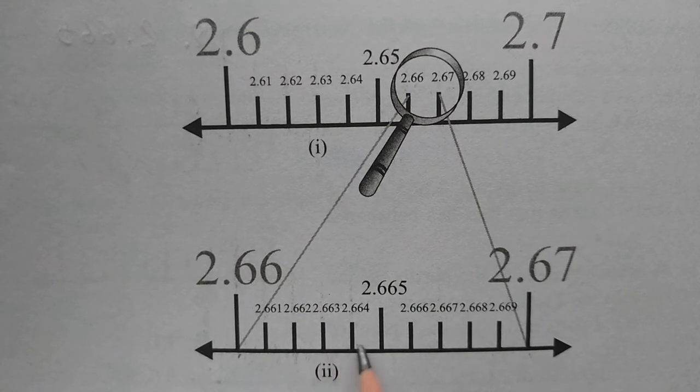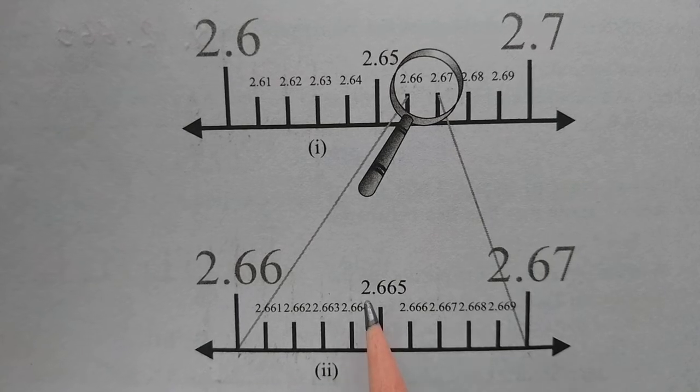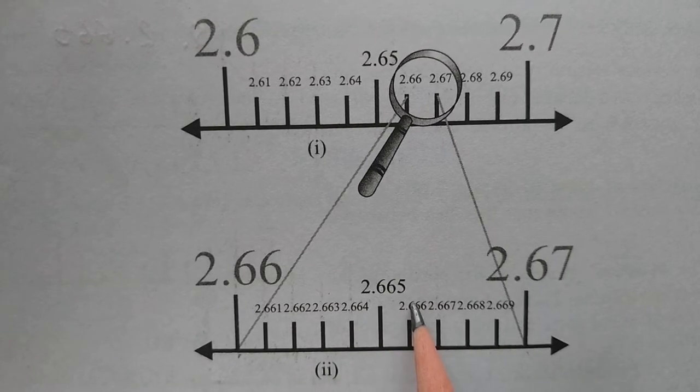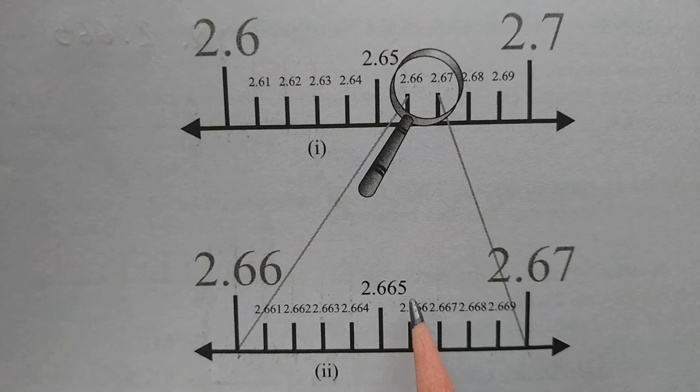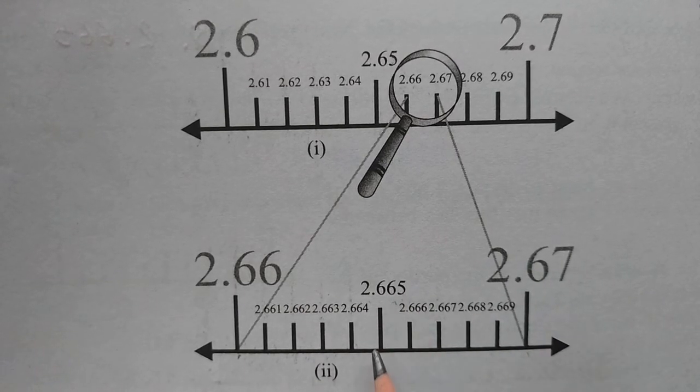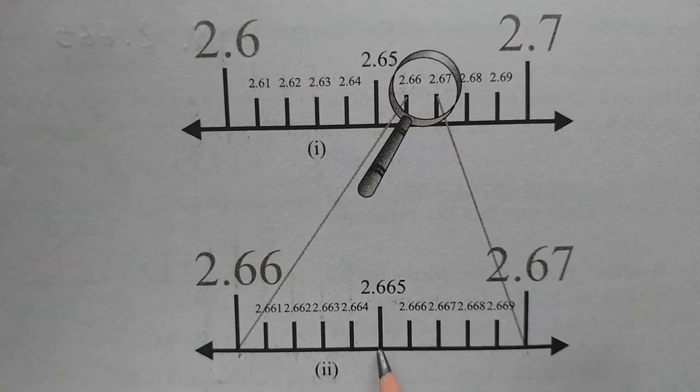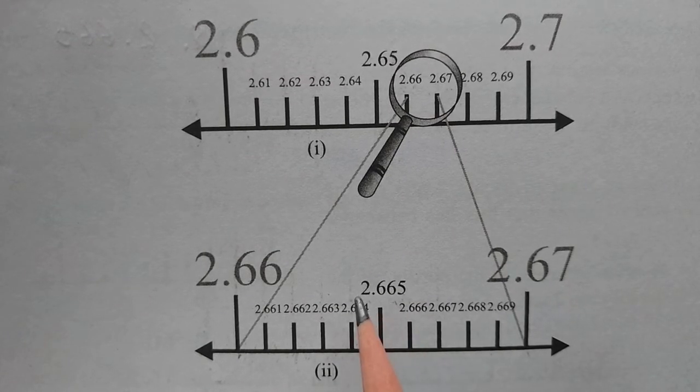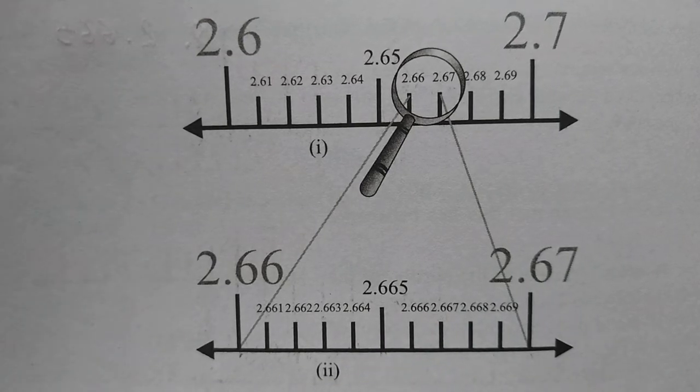If you proceed this way, here you will get 2.665. That is our required number. So this way we found the exact place of this number on the number line.